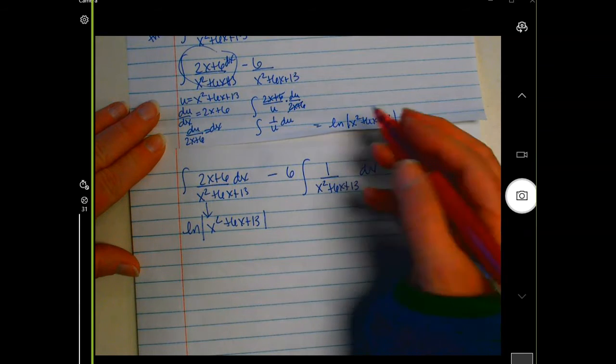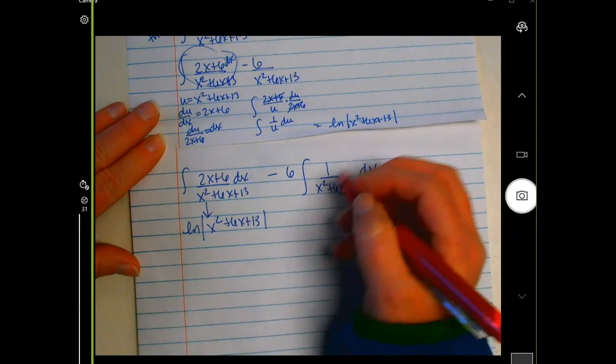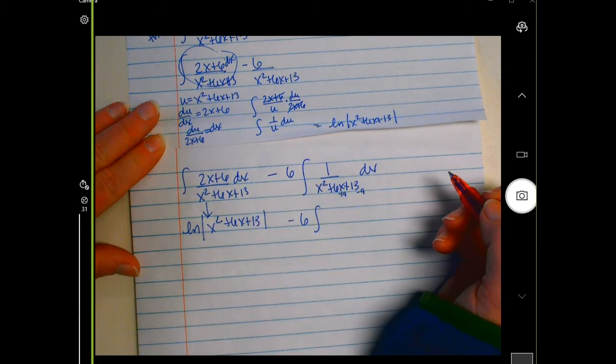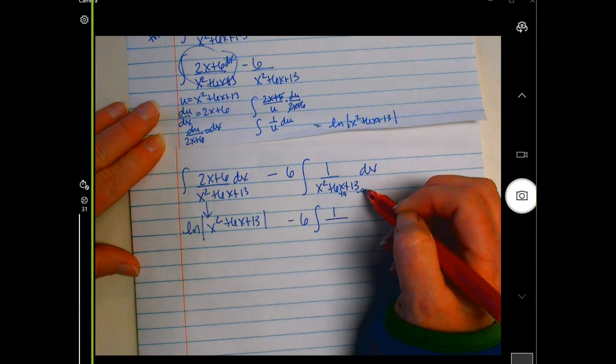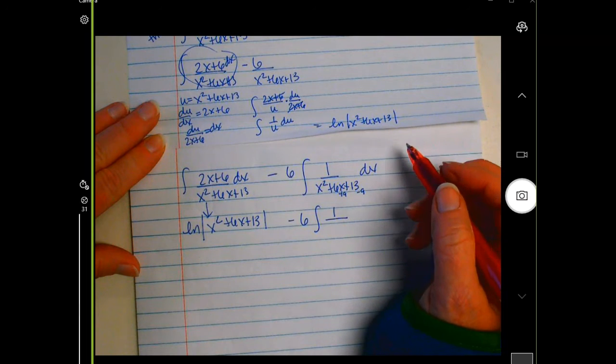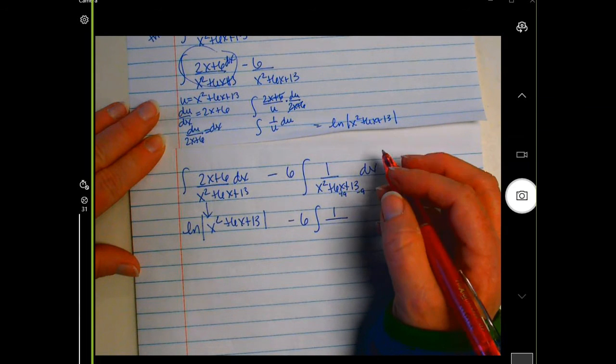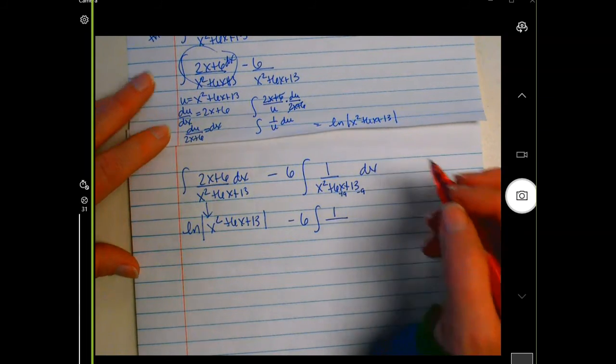In my work from before, we added a 9, and subtracted a 9. That gave us negative 6, integral of 1 over, this is the 4 part. And this was the x plus 3 all squared part.